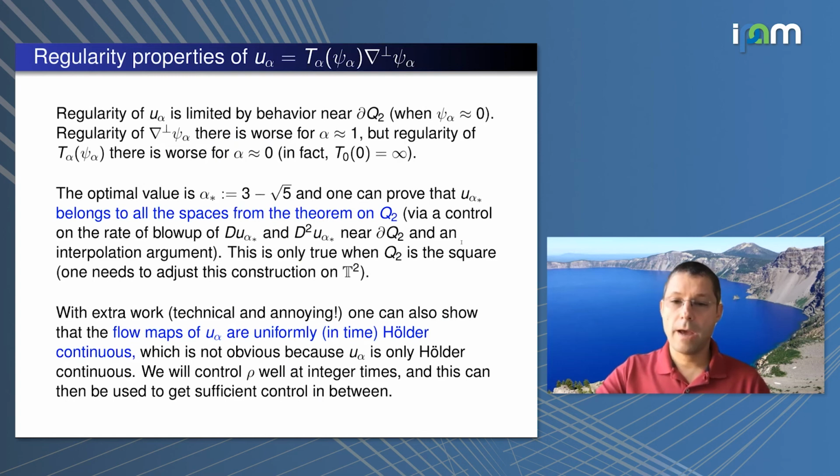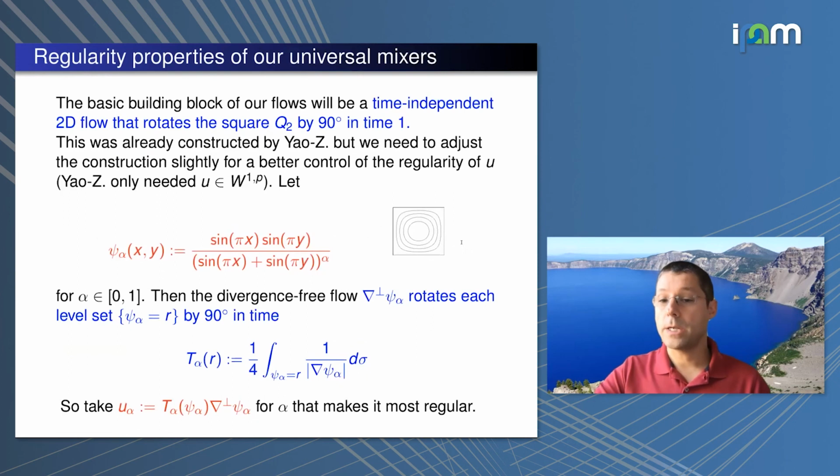So you have this flow, and you know exactly what it does at time 1. It just rotates the square by 90 degrees. You need to work a little bit more to have a good estimate on what happens between time 0 and time 1, and that's not so easy because the flow is only Hölder continuous.